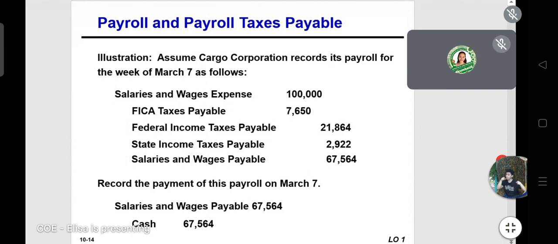This one will be paid to the employees and this one will be paid to Pag-ibig, PhilHealth, or SSS. So the gross amount is 100,000. Ultimately, this will all be paid in cash, but at first we recognize them as separate payables. So that's payroll taxes payable.